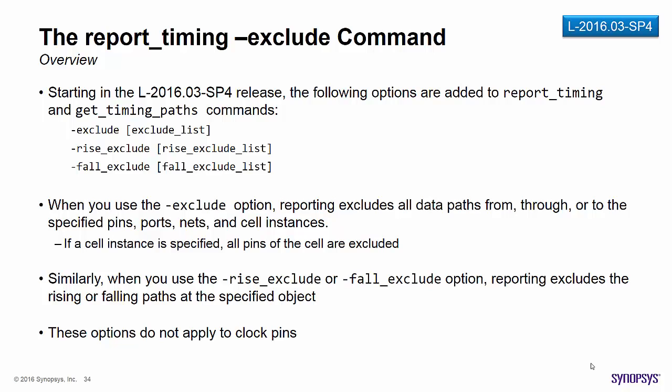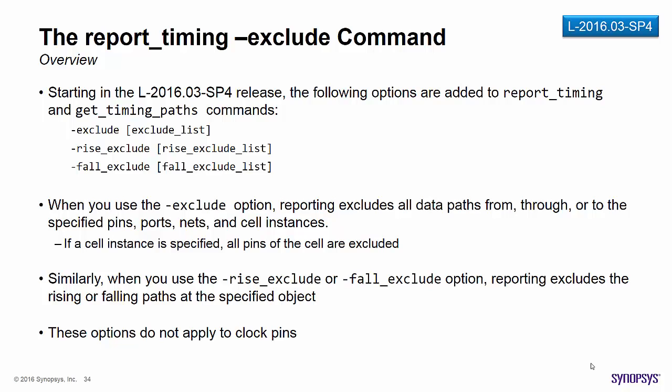When you use the -exclude option, reporting excludes all data paths from, through, or to the specified pin, port, net, and cell instances. If a cell instance is specified, all pins of the cell are excluded.